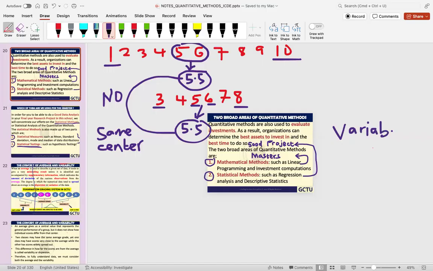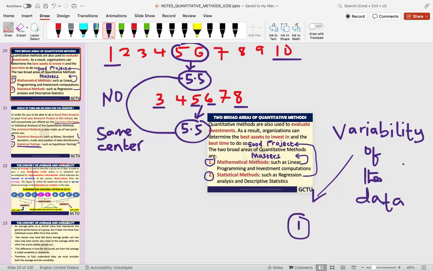I've started introducing the technical words you need. The variability of the data really helps. The variability will show you the first number of the data and then the last number of the data.